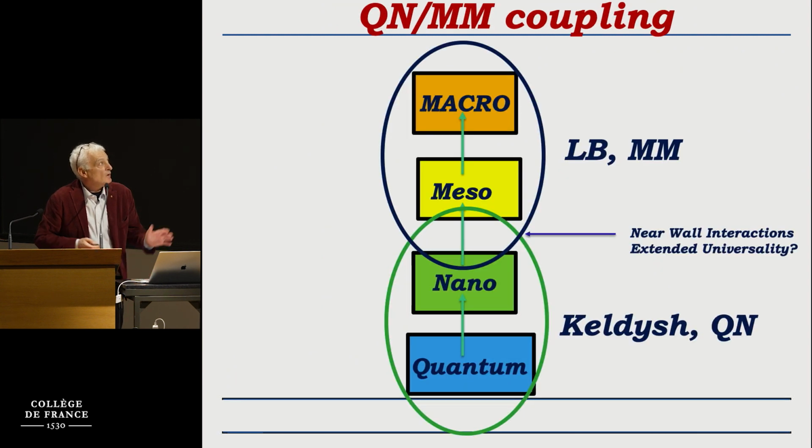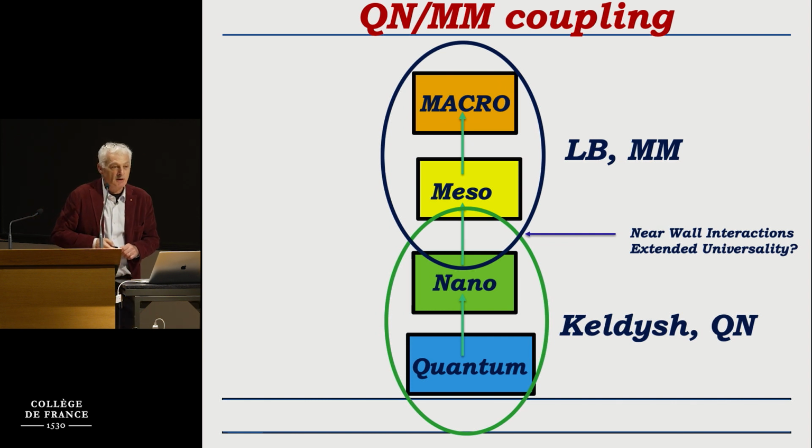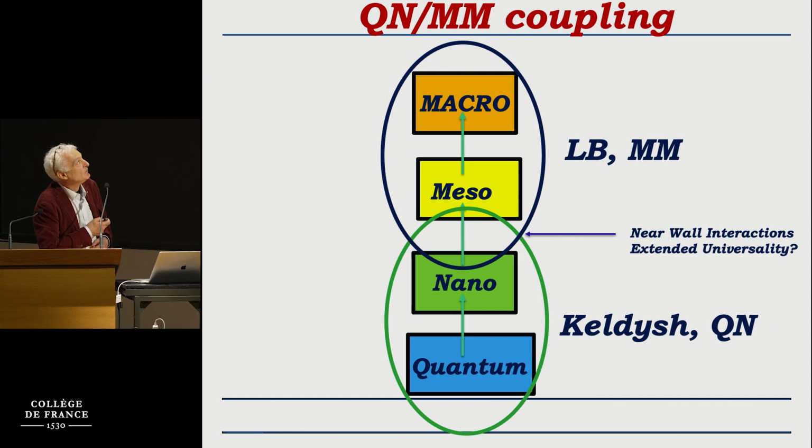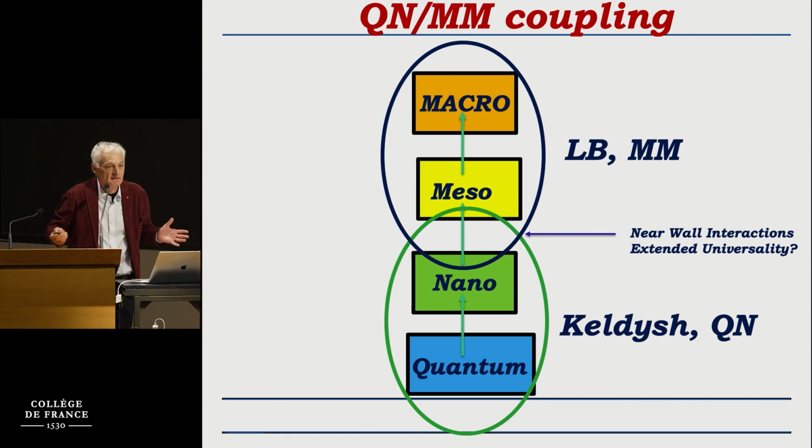So what I'm dreaming of, Lydéric, is we know about QMMM, quantum mechanics, which was pretty successful, by the way. I'm dreaming of quantum nano to meso macro, where actually Keldysh would take care of the quantum nano, the basic physics. There must be some handshaking region, but we can push lattice Boltzmann pretty much down as long as we can coarse grain sensibly.